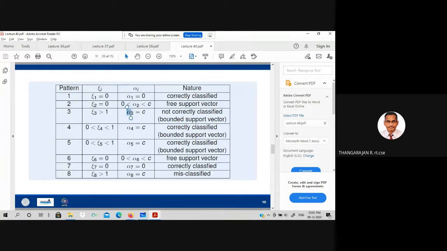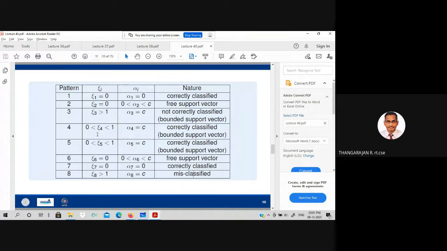If alpha is equal to C and you have error greater than 1, then we say it is not correctly classified. In both cases you say it is misclassified.